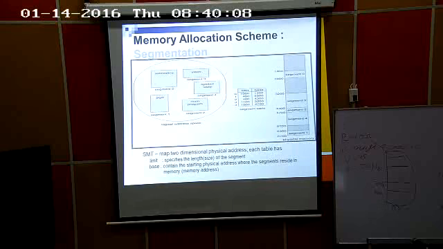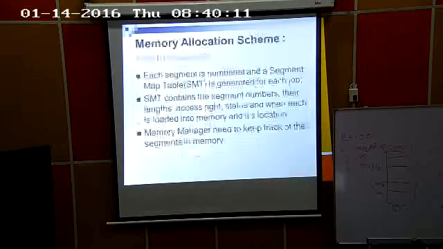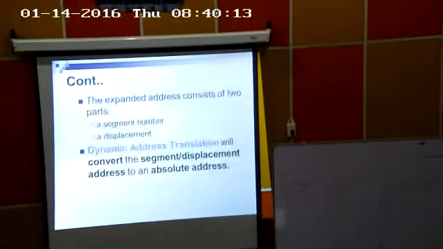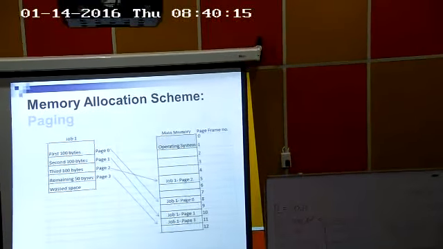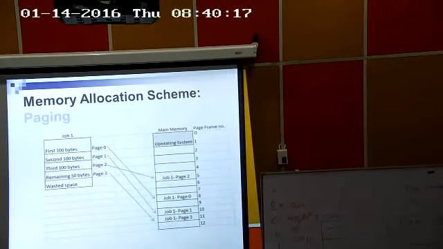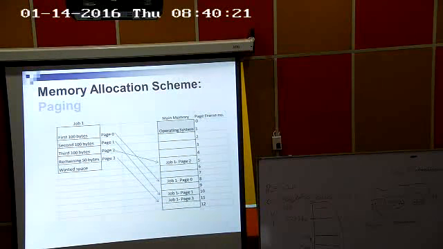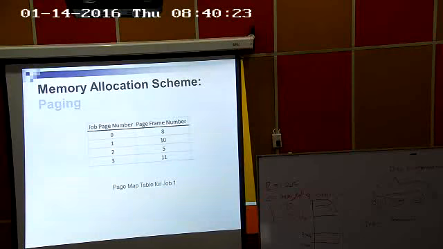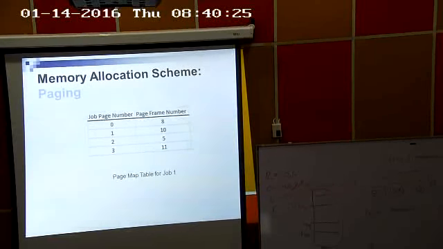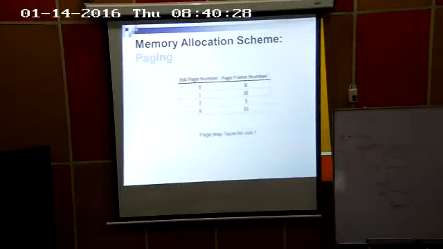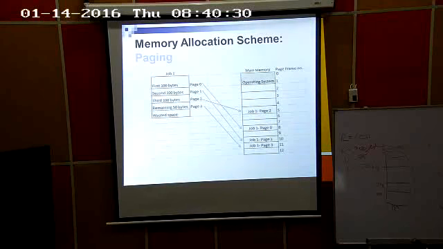Usually it is similar to the page map table. It will give you a table, for example this one: job, page number, page frame number. It will ask you to draw this part and this figure.